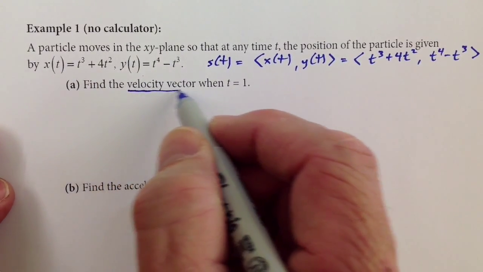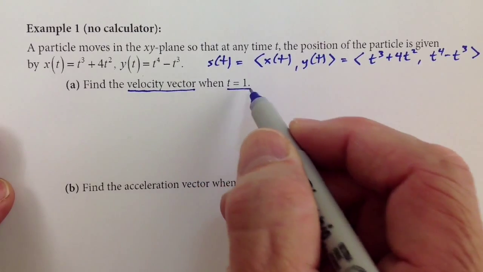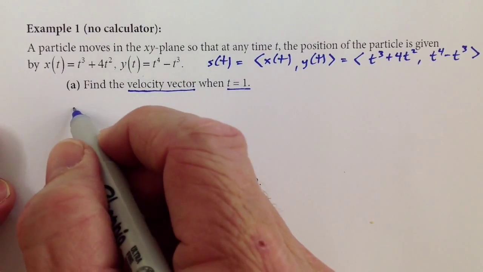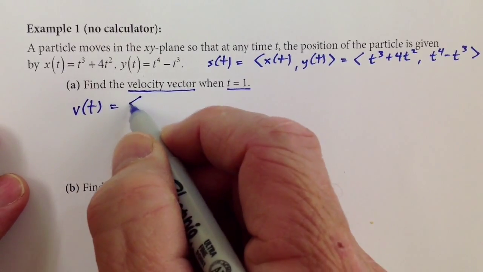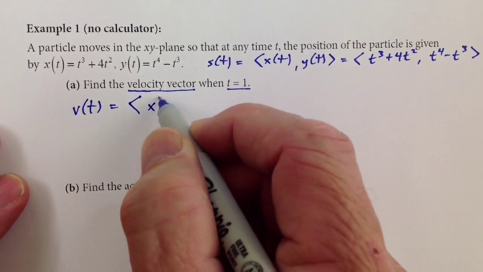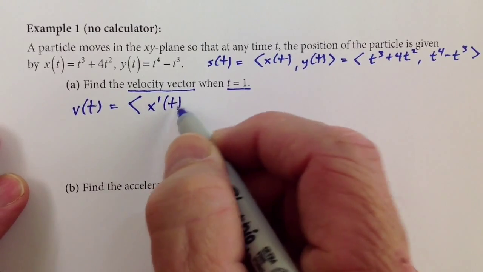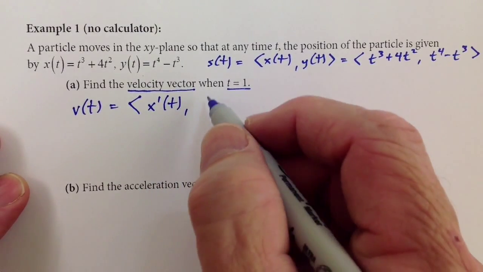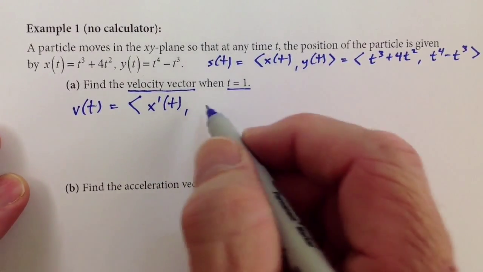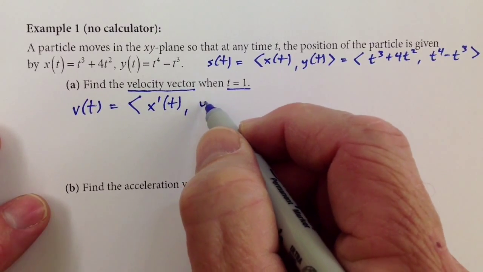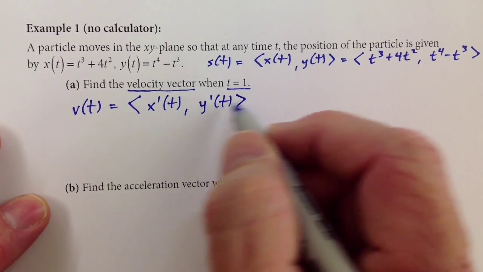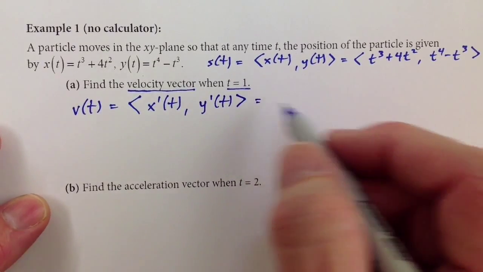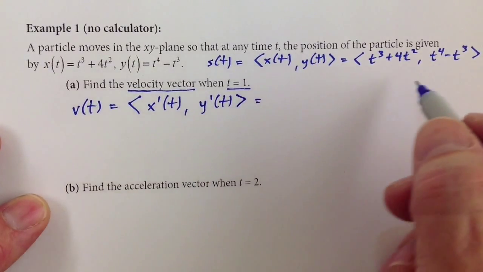So what do we want to find? We want to find the velocity vector when t is 1. Well, the velocity vector is the vector in which we take the derivative of the x component of the position vector, and we combine with that the derivative of the y component.